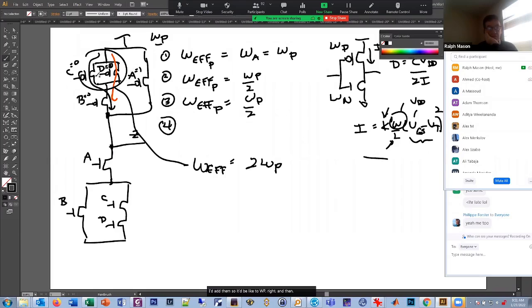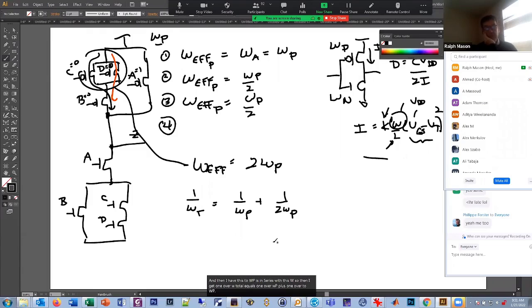And then I have this 2WP in series with this W. So then I get 1 over W total equals 1 over WP plus 1 over 2WP. And what's that?